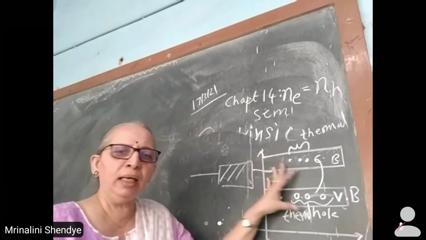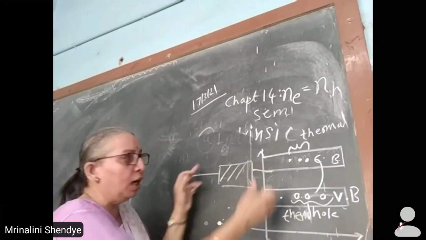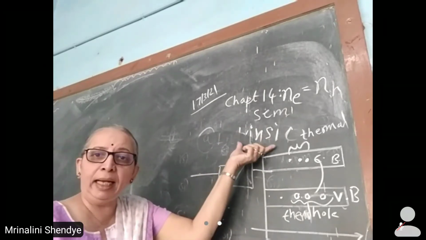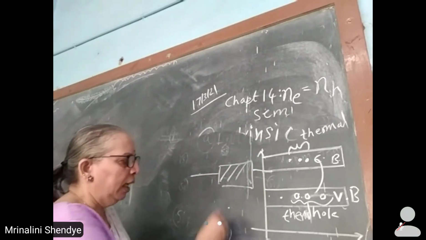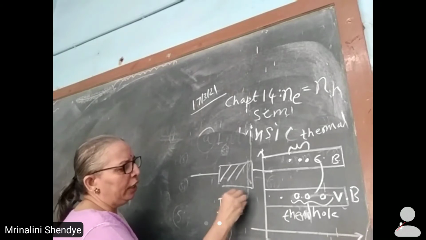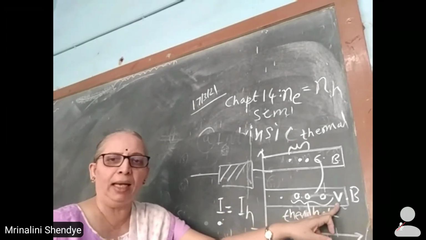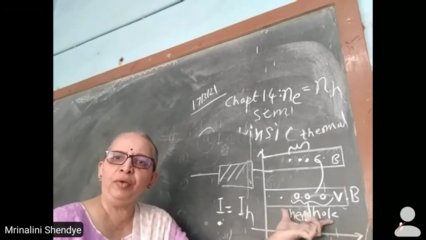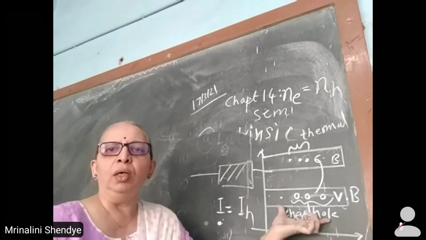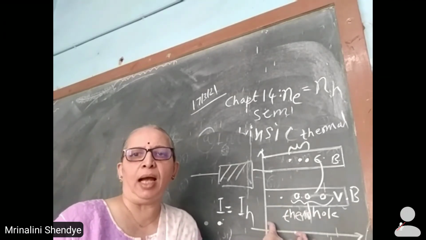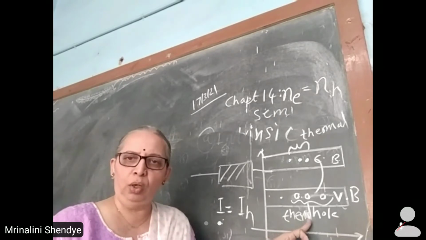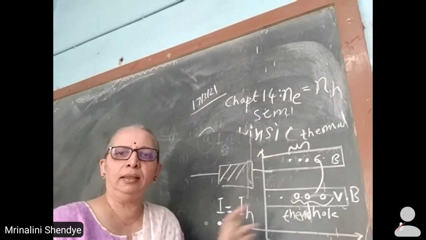And the total current across this intrinsic type semiconductor is thus the current due to electrons in the conduction band plus the current due to holes in the valence band. Lack of electrons gives the production of the positively charged carrier, the hole. Equal numbers are there.